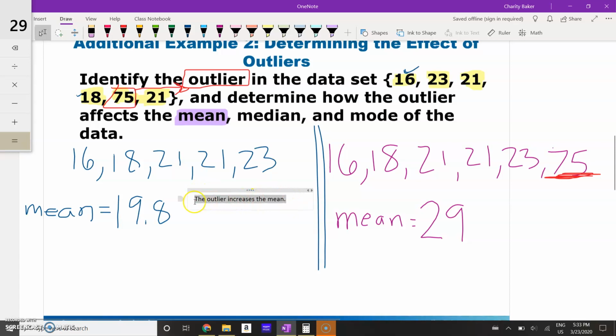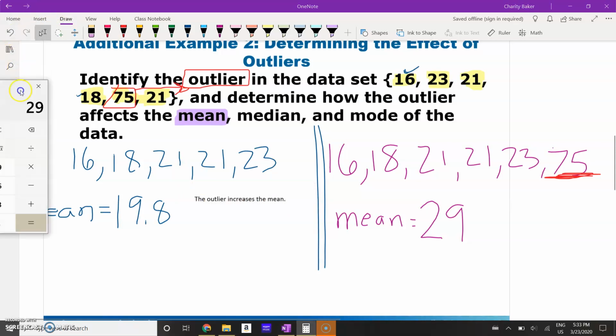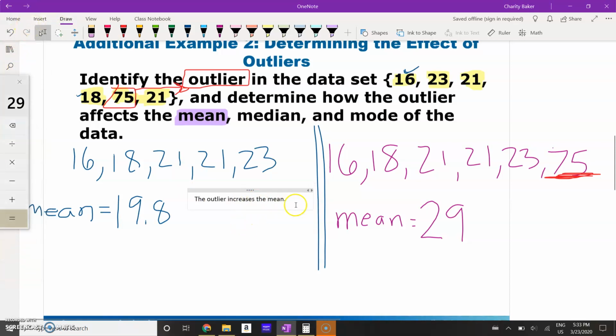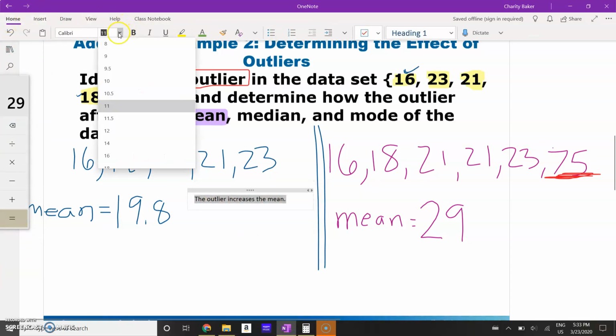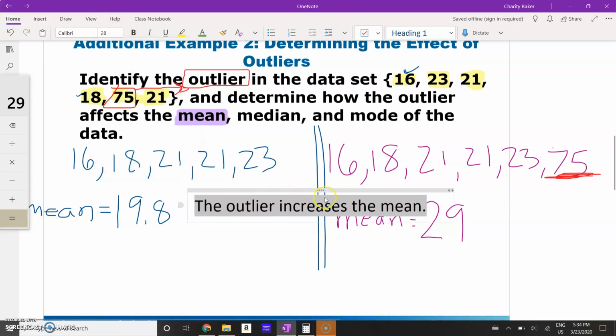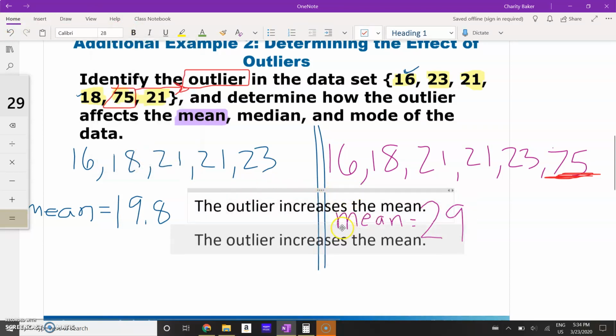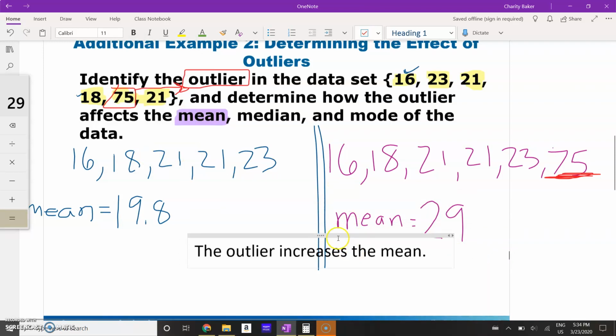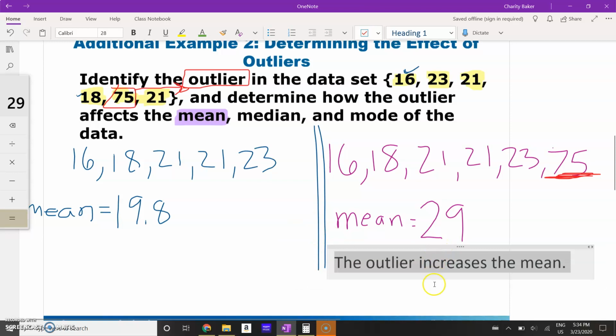Yeah, the outlier increases the mean. We don't have to write a whole book about it, just have to write what's true. Okay, so I'm going to make that a little bit bigger so you can see a little better. Boom, there we go. The outlier increases the mean. Cool, we'll leave that there.